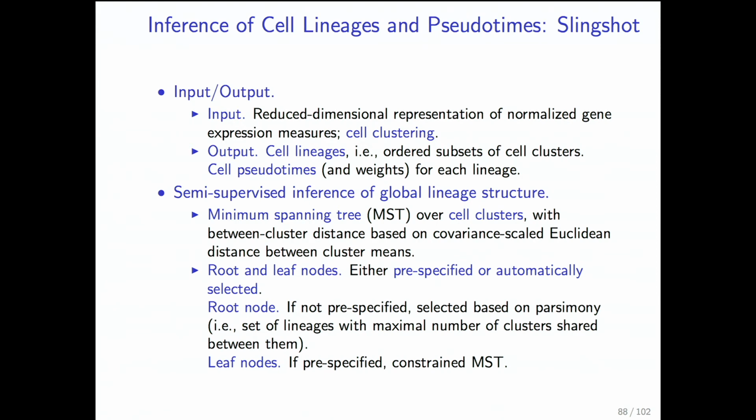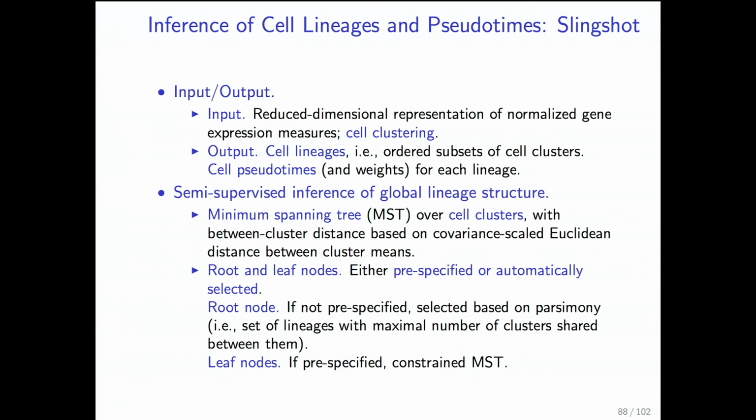And Slingshot returns cell lineages. Those are ordered subsets of cell clusters and cell pseudotimes, as well as weights for each lineage. Our approach to this problem is based on a minimum spanning tree that we apply to cell clusters. This gives us more stability than doing a minimum spanning tree on individual cells. We can semi-supervise the MST by specifying root and leaf nodes.